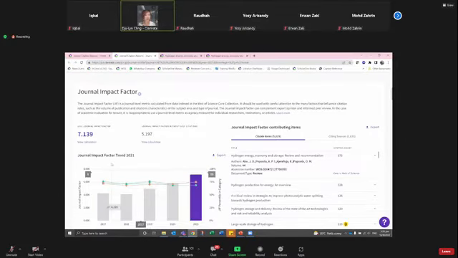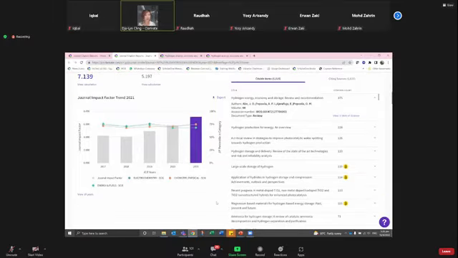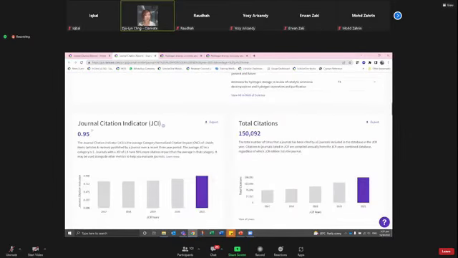Okay, here in this chart, you will be able to see its 5-year journal impact factor. Is it increasing, decreasing, or stable? When you scroll further down, you would see the journal citation indicator. This is at 0.95, slightly below 1. But just take note, this is a fairly new indicator.